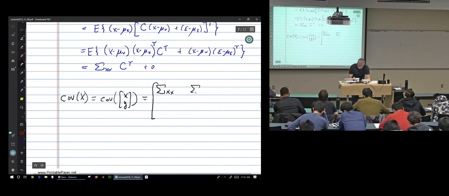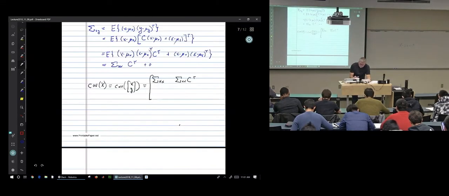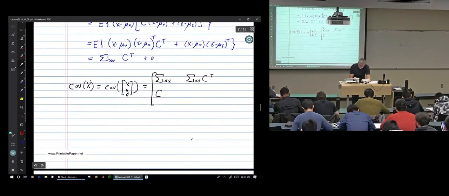We just computed sigma xx on the C. It's symmetric, so this is C times sigma xx.